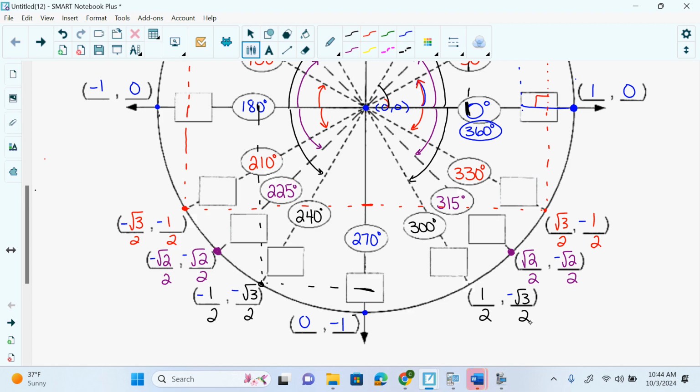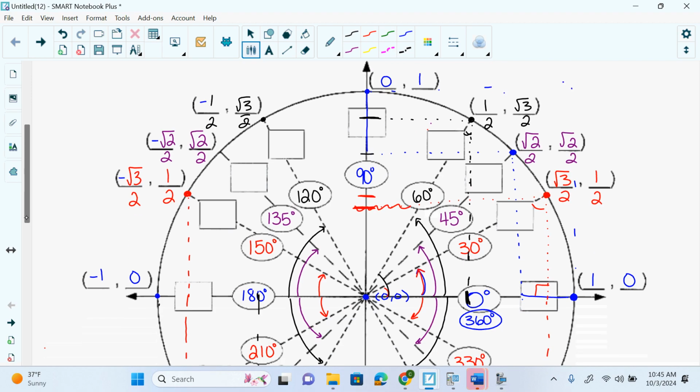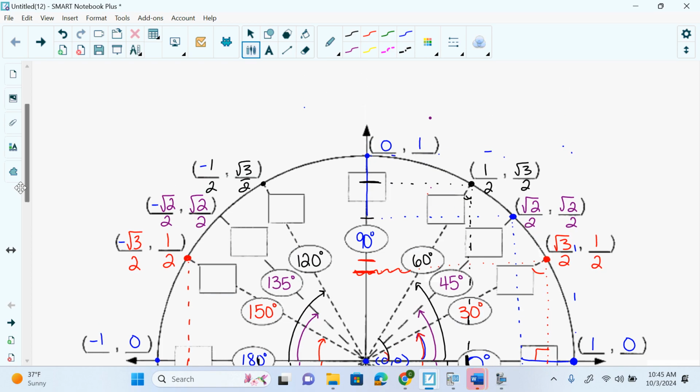Cool. When I go to 30, guys, which one of those is root 3 over 2? X. Correct? That's why your teacher told you last year that each of these coordinates actually represents a trig ratio, a cos trig ratio and a sine trig ratio. Cos theta, sine theta. So if I put in cos of 30, I should be getting the x, root 3 over 2.